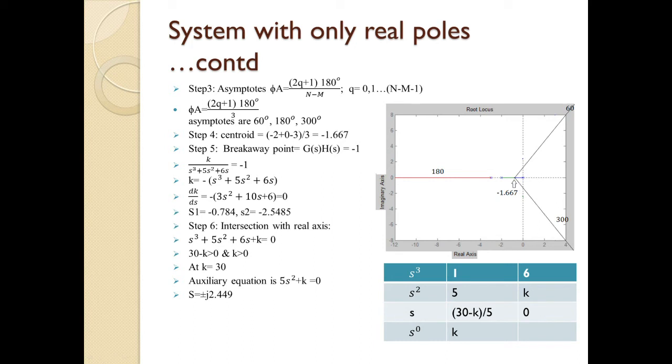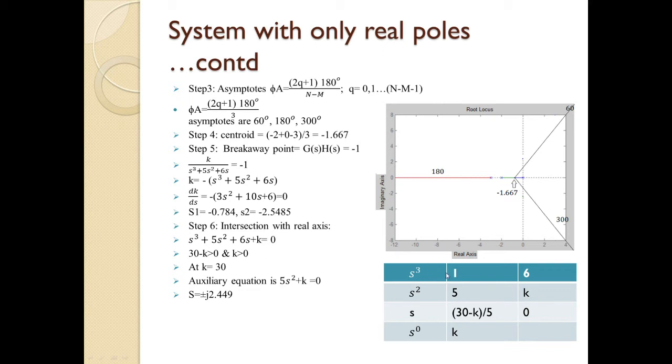So next we need to find the intersection with the imaginary axis, which we can get from the RH criteria table. From the denominator, 1 plus G(s)H(s) equal to 0, we can write the characteristic equation: s cube plus 5s square plus 6s plus k equal to 0.